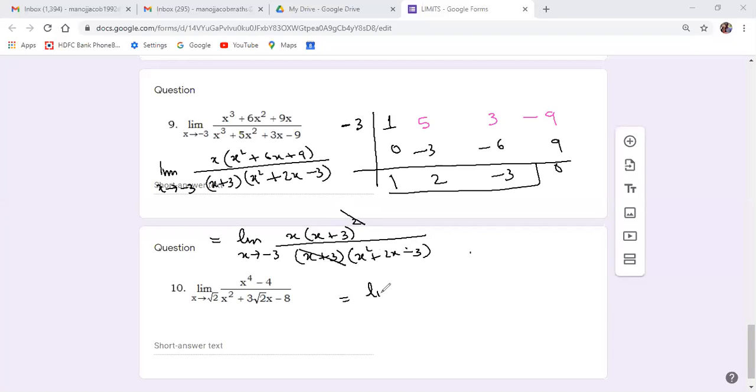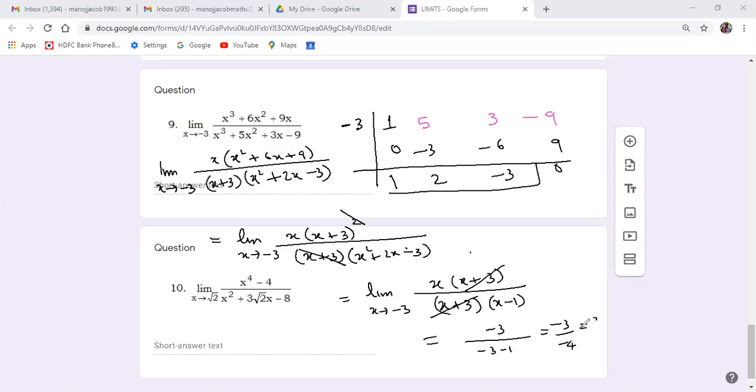That became the limit extending to minus 3. x into x plus 3. Now putting minus 3 gives 9. This also will be 0. x plus 3 also cancels. Is it fine? Tell me which step you have not understood.